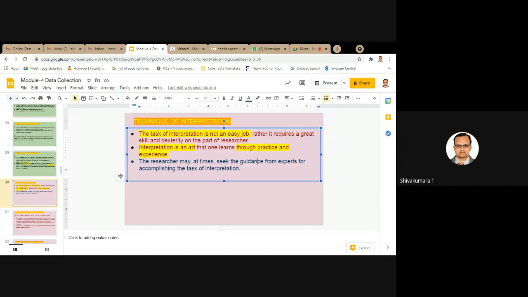The researcher may at times seek guidance from experts for accomplishing the task of interpretation. Since interpretation is an art, like drawing, it won't come for everyone. Good drawings and bad drawings will be there. Similarly, research interpretation is also an art. It needs continuous, regular practice and experience to get a proper interpretation of your research work done so far.